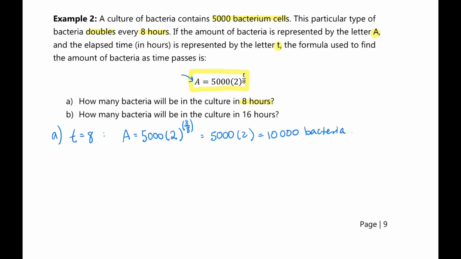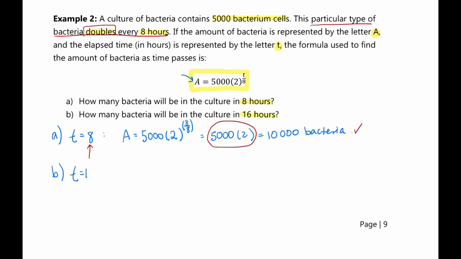Let's double check. The idea is there. They said this particular type of bacteria doubles every 8 hours. So basically, every 8 hours, it doubled. So that is correct. We have confirmed it. And for part B, we can say how many bacteria will be in the culture in 16 hours.